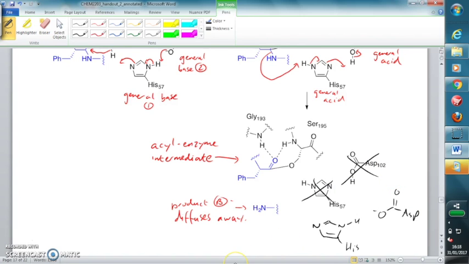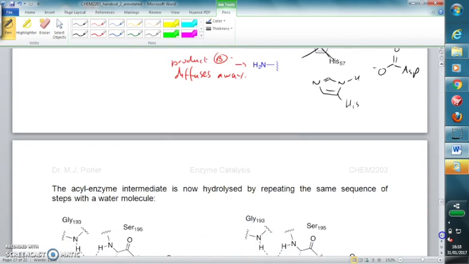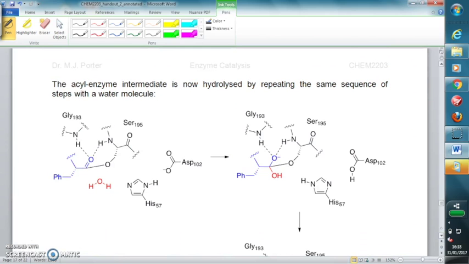Okay, so we've cleaved the amide bond that we're targeting, but we need to now cleave the carboxylic acid product from the active site. And the way we'll do that is by going through the same sequence, but rather than using the serine as a nucleophile, we're going to use a water molecule as the nucleophile. So water comes into the active site. Here it is in red. Okay, so I'll do my curly arrows in, I don't know, green.